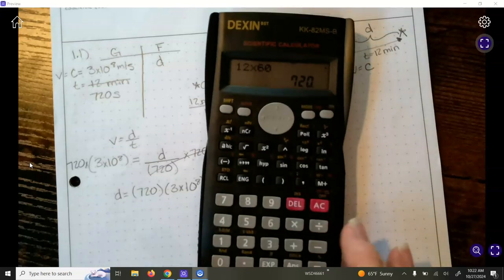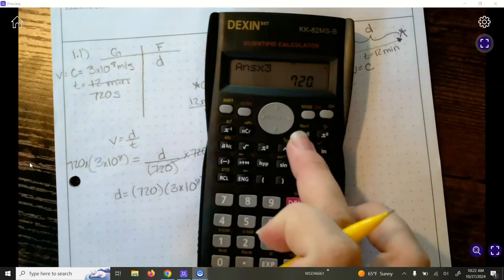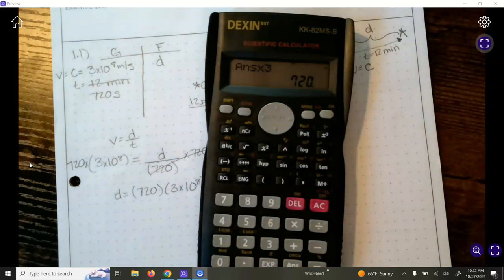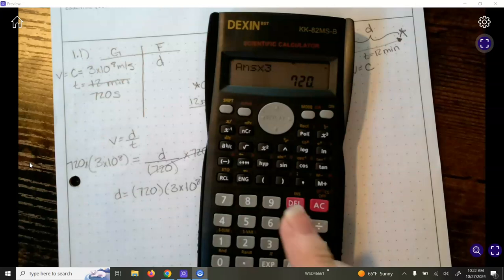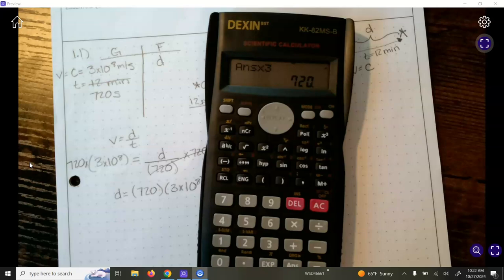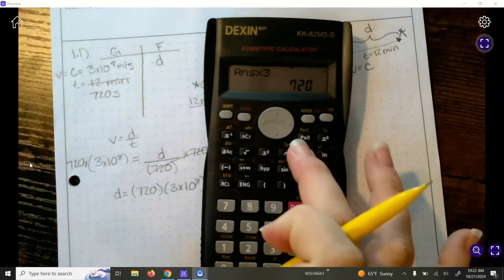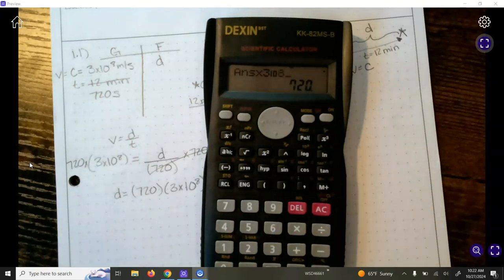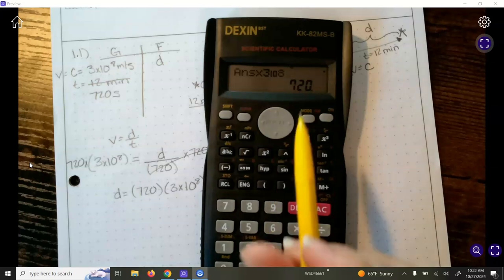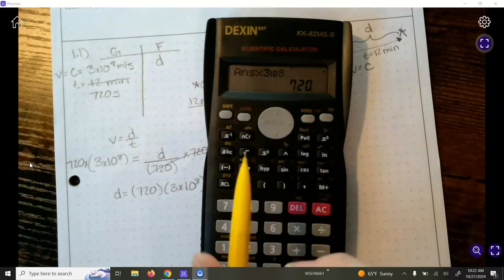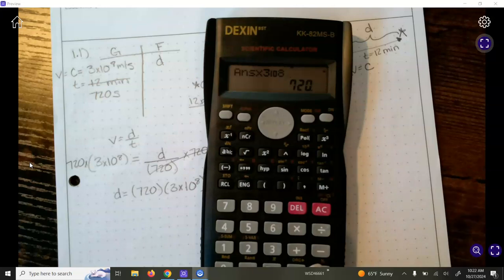So I'm going to take my 720 from before, I'm going to multiply it by 3, shift log, remember, that's what we have to put for our times 10 button, to the 8th. Why is this not working all of a sudden? Times 3, shift log, there we go. I guess I just have to push harder. 3 times 10 to the 8th, okay? This is how we put in our scientific notation. We've done this before in the past, and we're going to click equals.